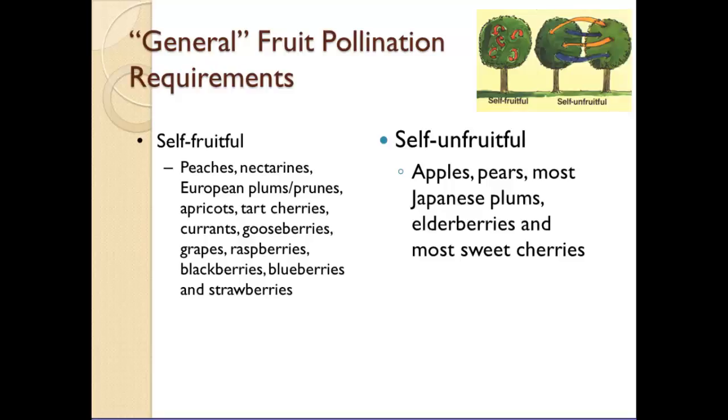So if you are establishing an orchard, when you do your layout, you want to lay it out so that you have proper pollination pairs. A lot of times, for apples, you can use something like Golden Delicious. It's in the mid-season flowering range, and it's one of those general purpose pollinators.